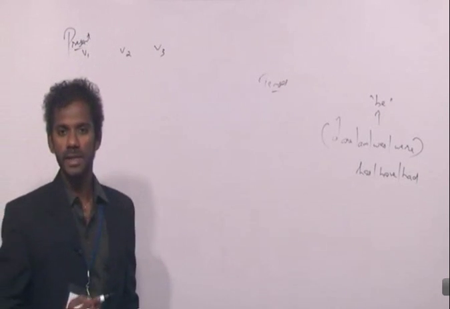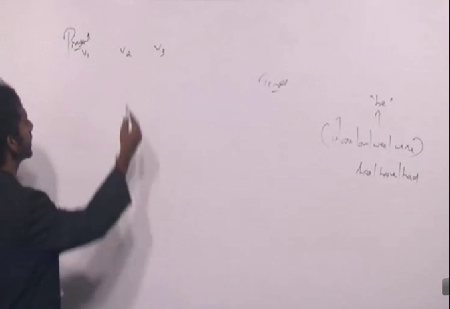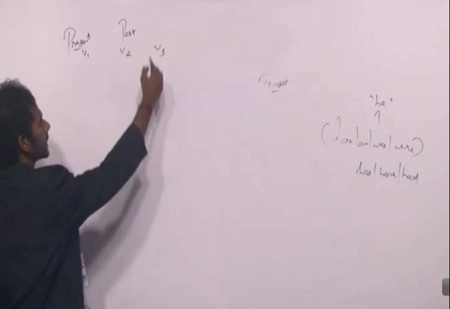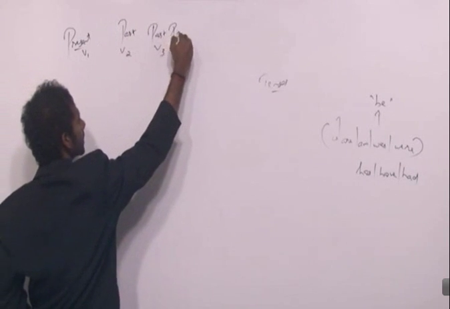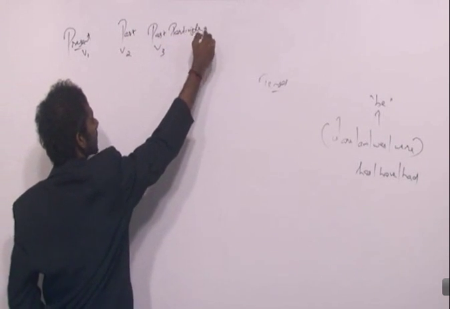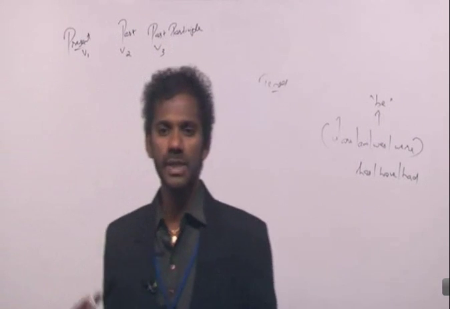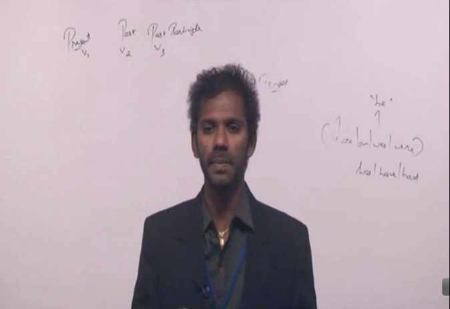V1 is called the present form of the verb. V2 is the past form, and V3 is the past participle form. These are the three forms of every main verb.